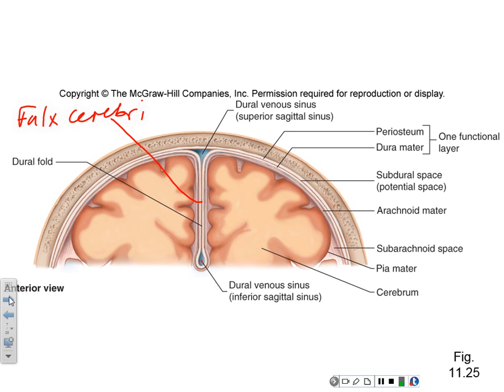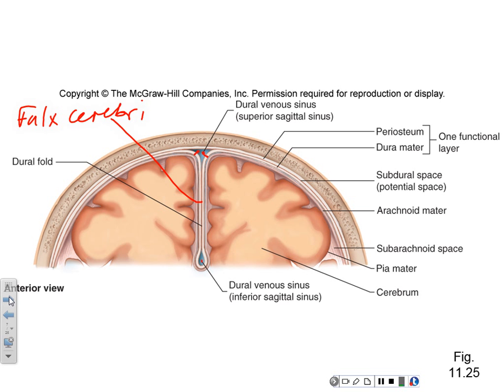So the arachnoid grows into these dural venous sinuses. You see what I'm saying? Especially the one on the top, so they grow into it like that. And that's how cerebrospinal fluid is also dumped into the dural venous sinuses, especially the superior sagittal sinus. Okay? And I'll talk about those arachnoid granulations in a little bit.